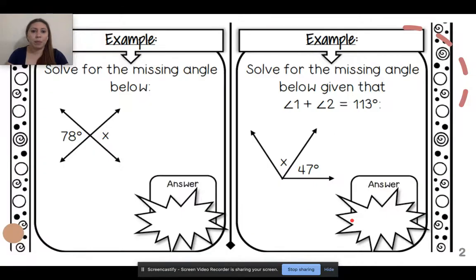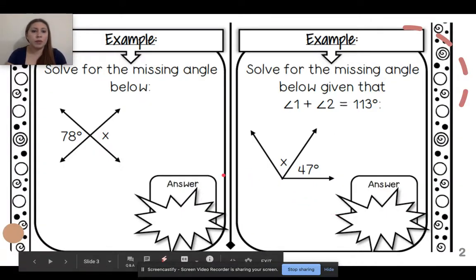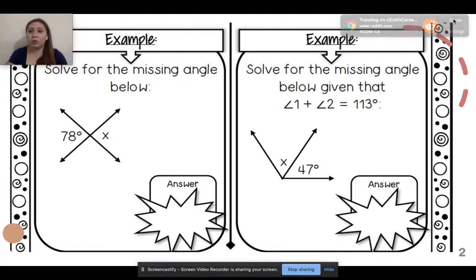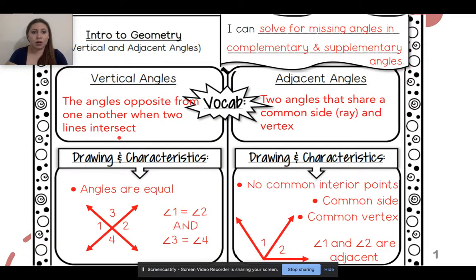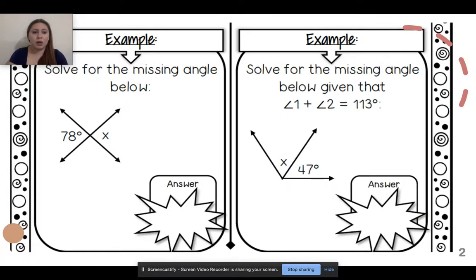Okay, so let's do a couple of examples for both. Solve for the missing angle below. If this angle is 78 degrees, I want to know what this one would be. If we look at our example up on top, angles are equal to each other if they are vertical angles.